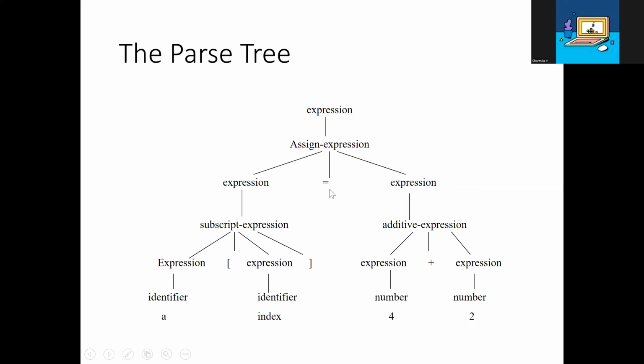The right-hand side expression is 4 plus 2. The 4 is a number, that expression is the additive expression added with the plus symbol, and the other expression is the number 2. So 4 plus 2 is added and given, using the assignment operator, to A of index. That is the parse tree drawn for the given expression.